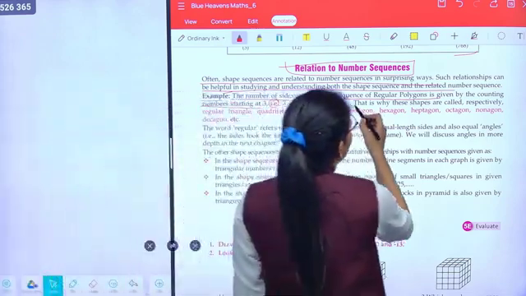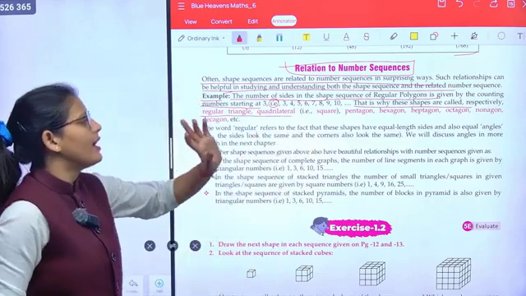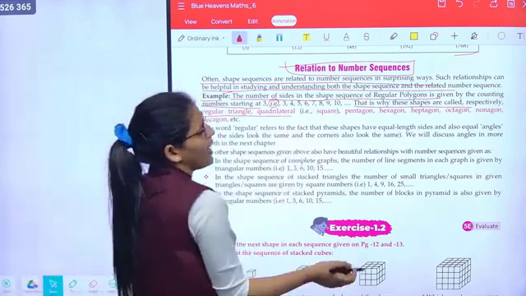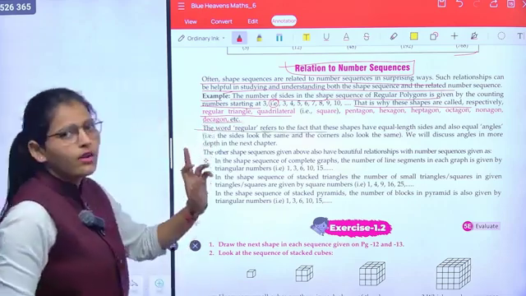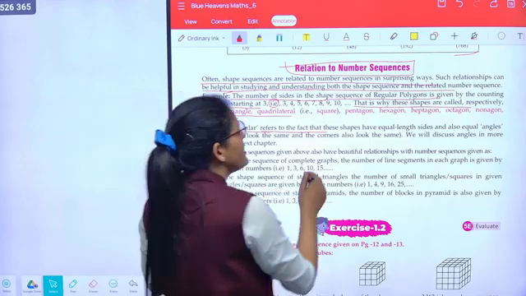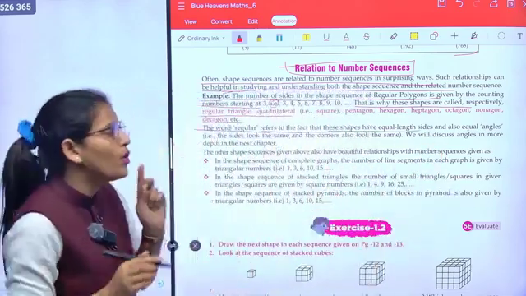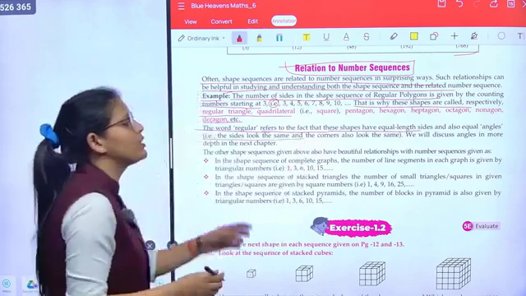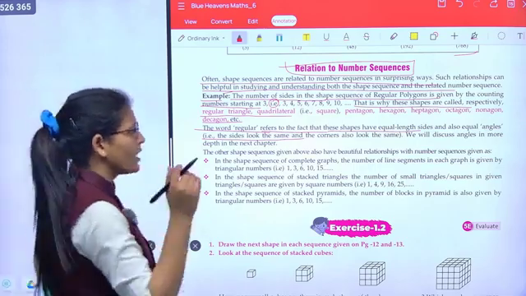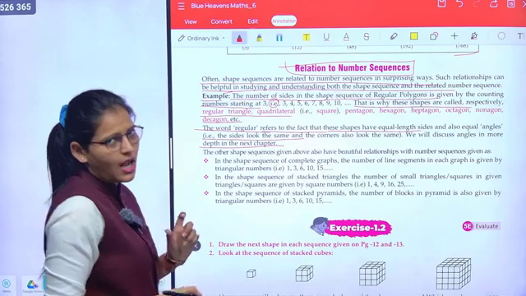That is why these shapes are called respectively regular triangle, quadrilateral, pentagon, hexagon, heptagon, octagon, nonagon and decagon, etc. The word regular refers to the fact that these shapes have equal length sides and also equal angles. That is, the sides look the same and the corners also look the same. We will discuss angles in more depth in the next chapter.